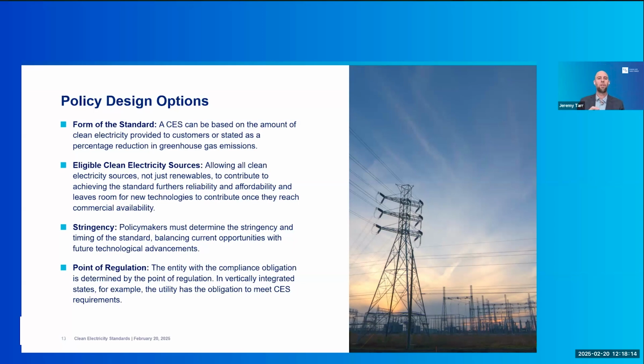So this point of regulation also interacts with an energy-based CES or emissions-based CES construct. With the energy-based CES, again, it would prefer clean energy technologies and tie compliance to the retail sales. So some interesting dynamics with this one.